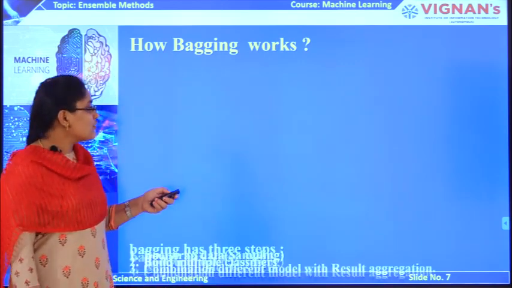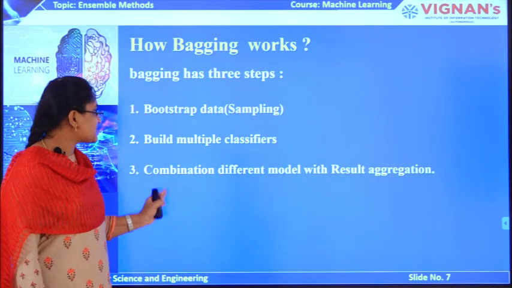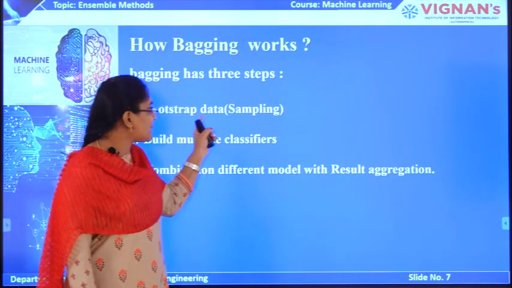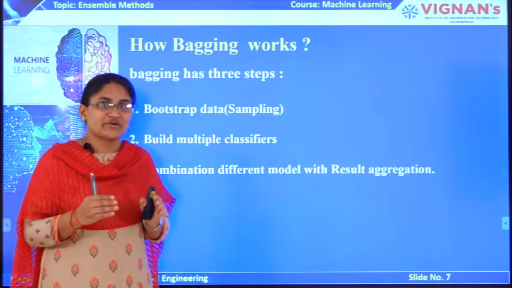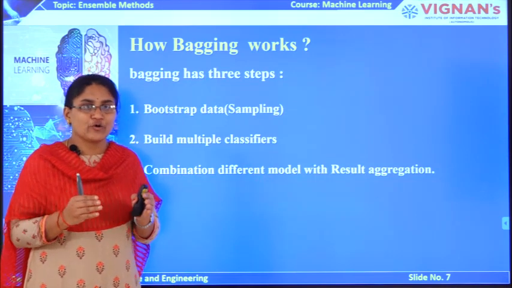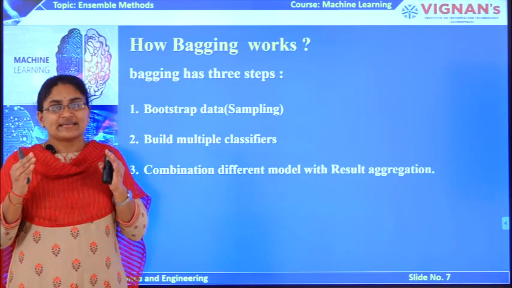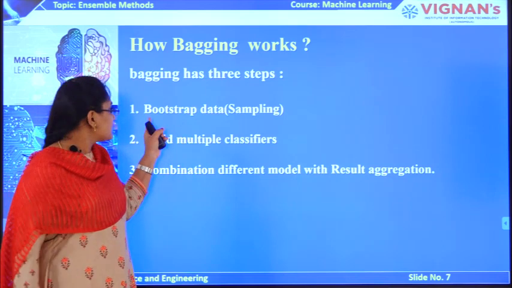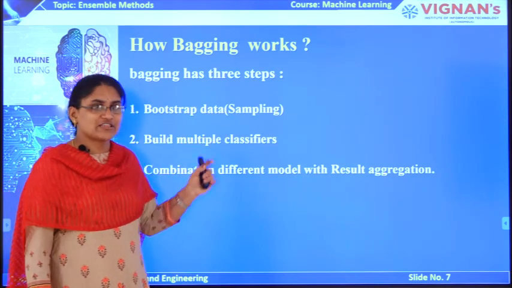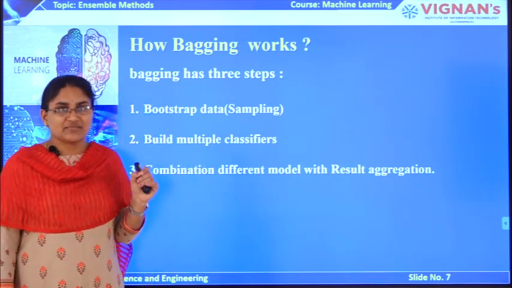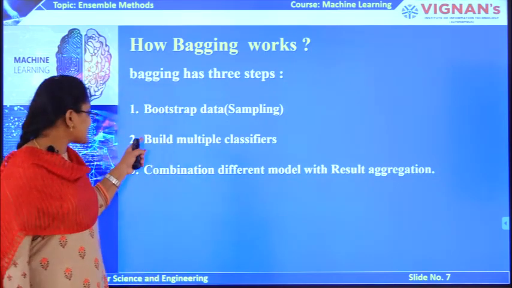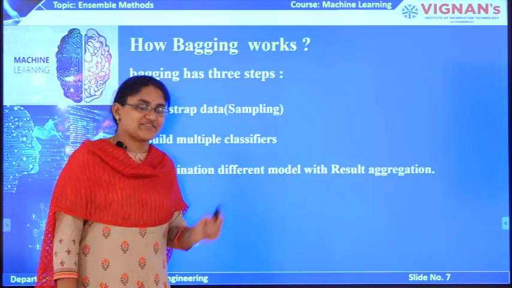Bagging works in 3 different steps. The first step is bootstrapping data, meaning we have to divide the given data set into different subsets by using bootstrapping with the row sampling replacement process. The next step is building multiple classifiers.